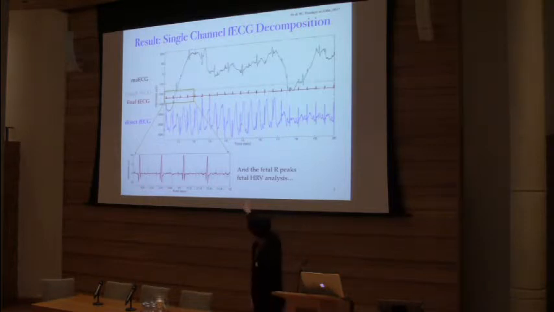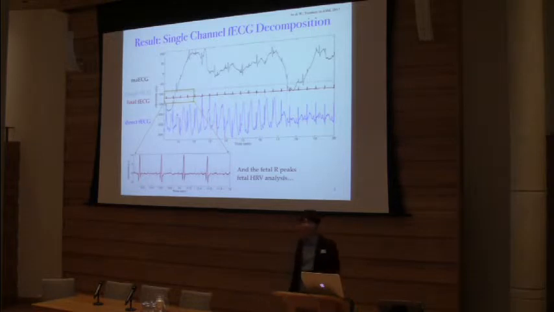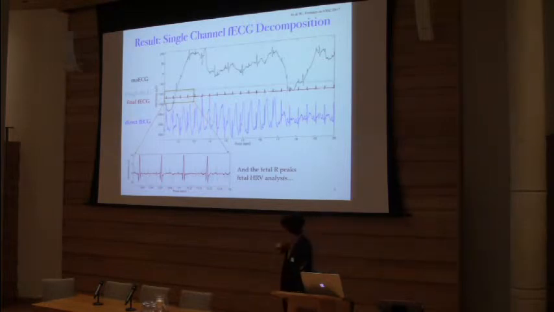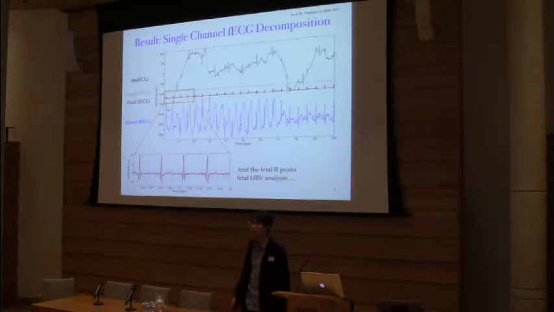After I run the algorithm, I get a fetal ECG like the red line. And if you compare with the directly contact fetal ECG, you see the R peaks somehow are kind of caught. Okay, and this is the result. Now I want to explain to you how I achieved it.